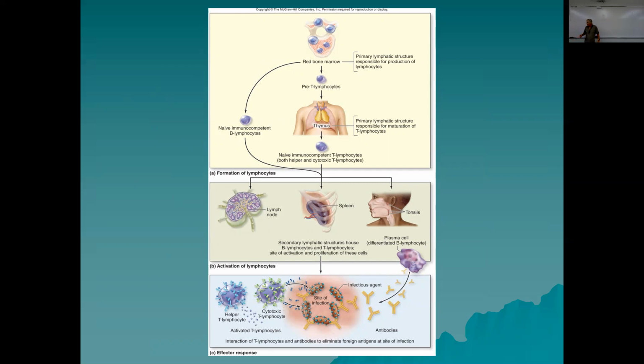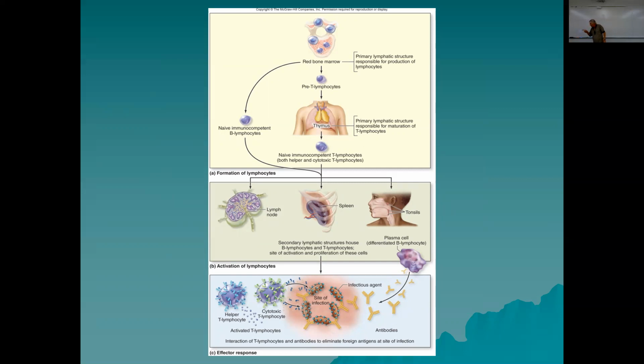And then they're activated there. In other words, they come into contact with the foreign antigen that they're specific for, and then they do their effector response. What helper T cells do is secrete interleukins that will activate T lymphocytes and activate B lymphocytes.